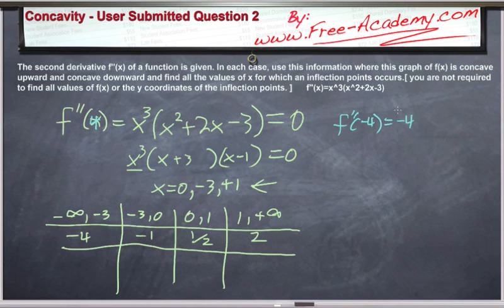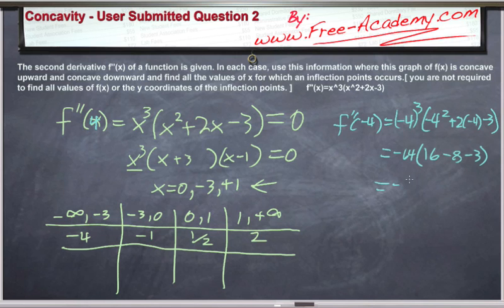So that gives us negative 4 to the third power times negative 4 squared plus 2 times negative 4 minus 3. And I'll just plug this all into my calculator here. 4 to the third power is negative 64, times 16 minus 8 minus 3.